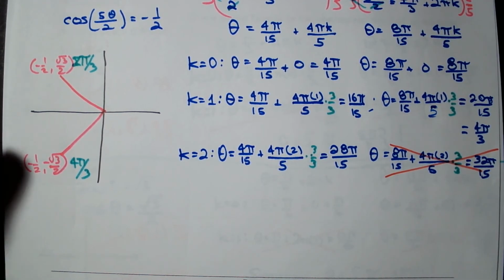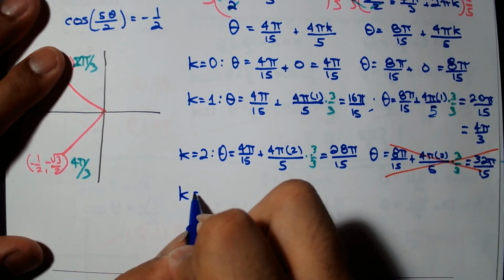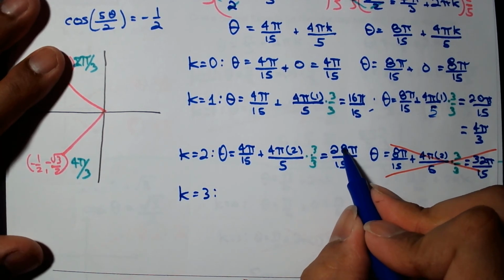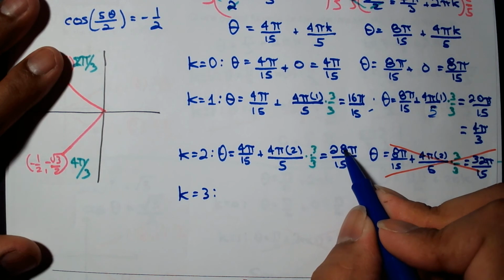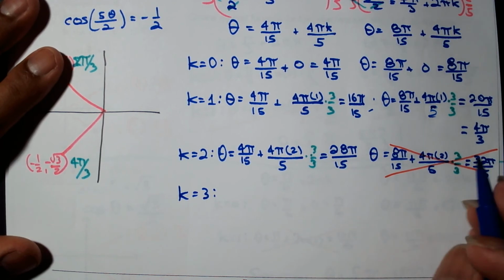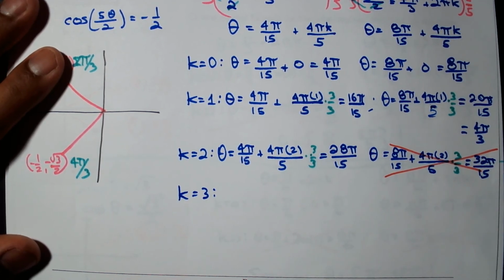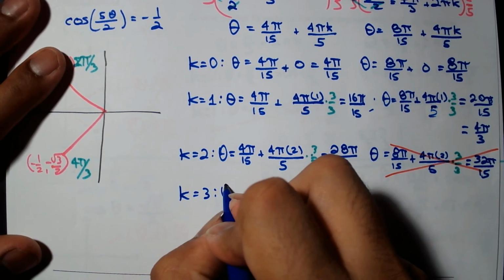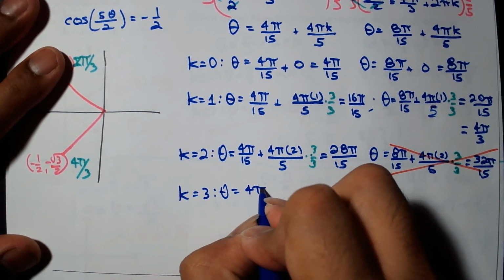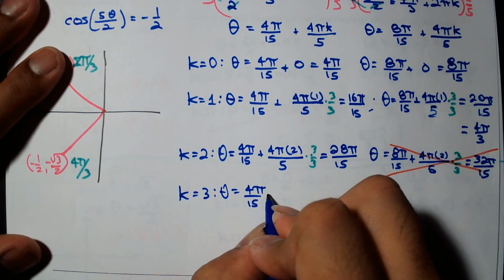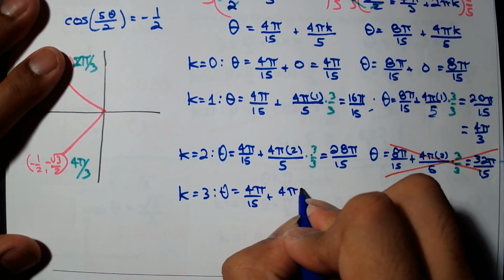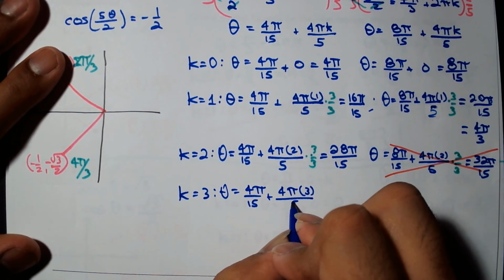Let me do anyway K equals 3. K equals 3, you know, well, 28, it's only 2 pi over 15 away from 2 pi, right? So, but let's just double check. Theta equals 4 pi over 15 plus 4 pi times 3 over 5.